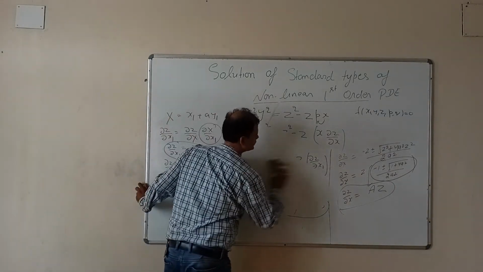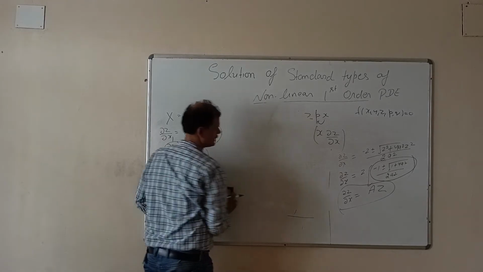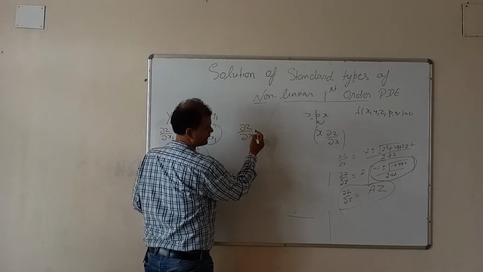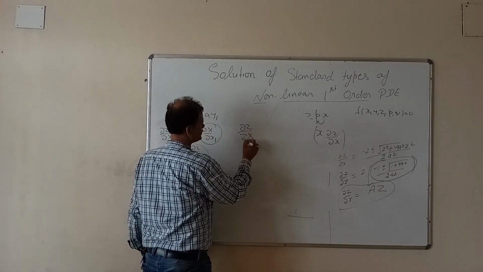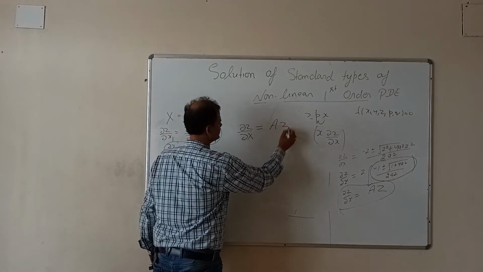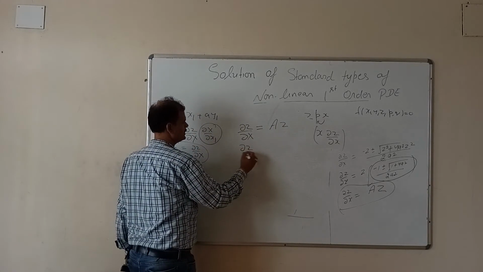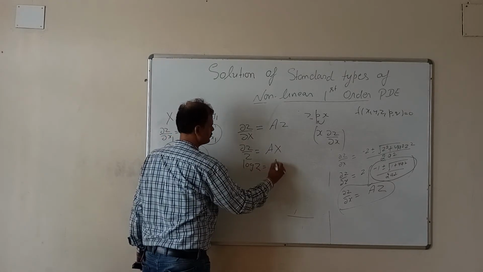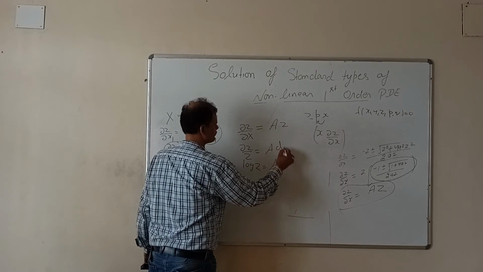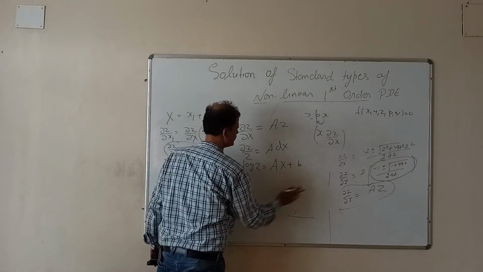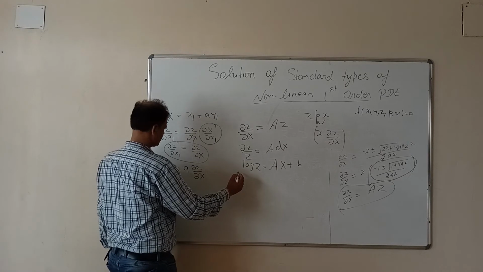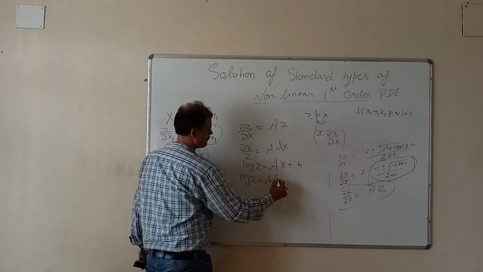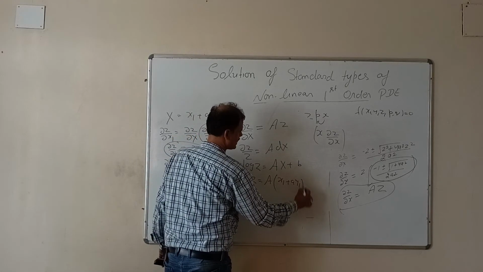Finally we have del z by dX equal to Az. So dz by z equal to A dX. So log z equal to AX plus b. What is the capital X? Capital X equal to x1 plus a y1.